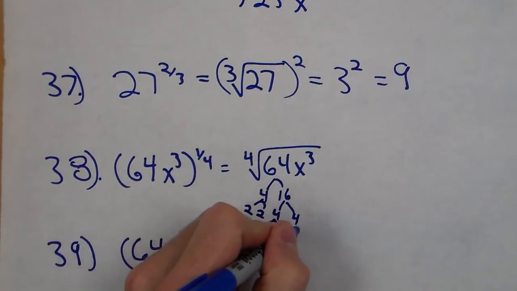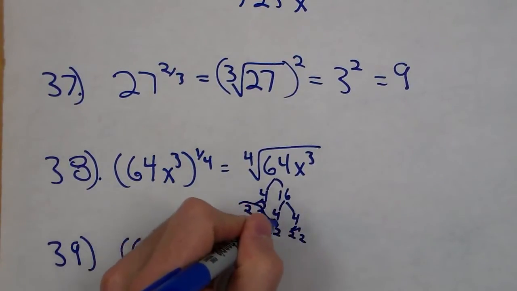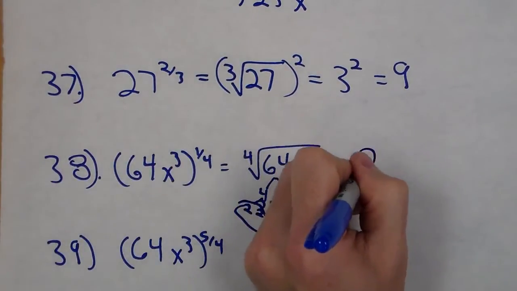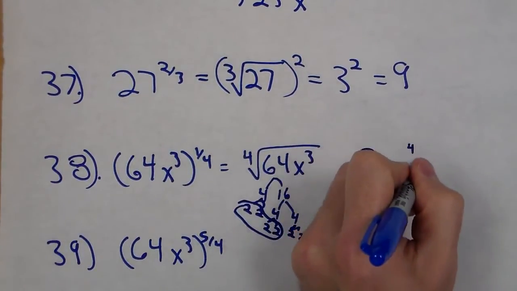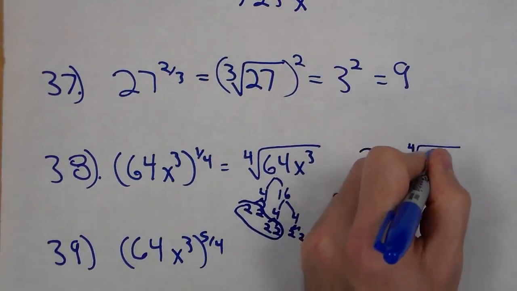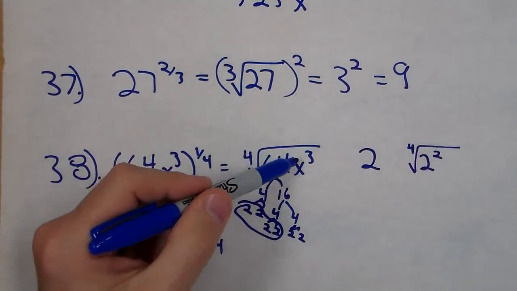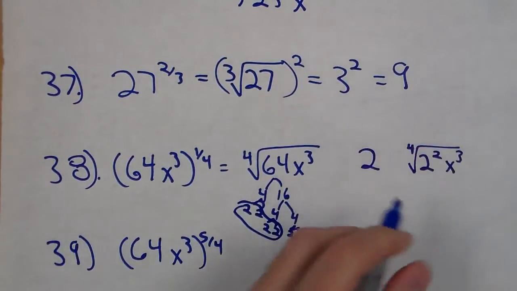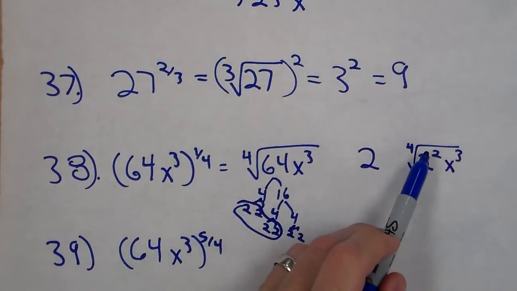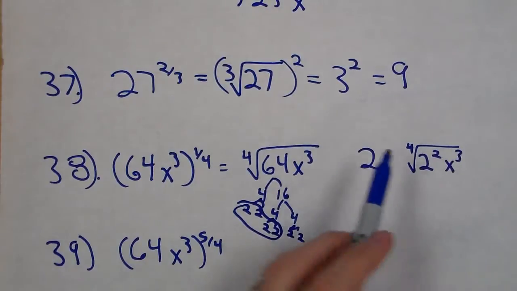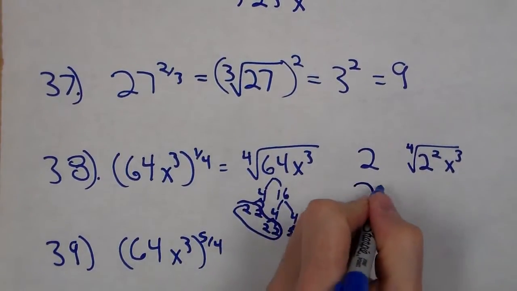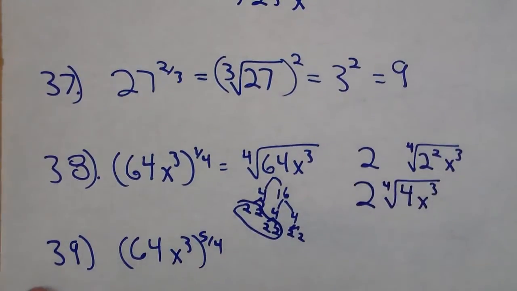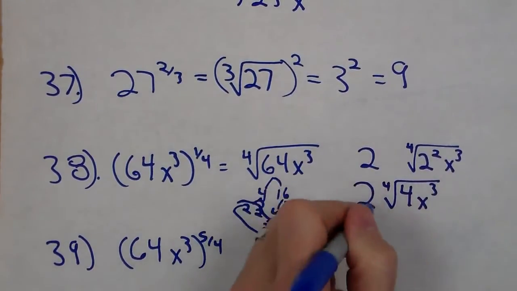So we actually have 6 2's, and because of the 6 2's, we can take a set of them out, which is going to leave 2 of them left. And then the x to the 3rd and the 4th root is going to stay in, because we can't simplify that. So this then becomes 2 times the 4th root of 4x to the 3rd. And that's really all we can do to that one.